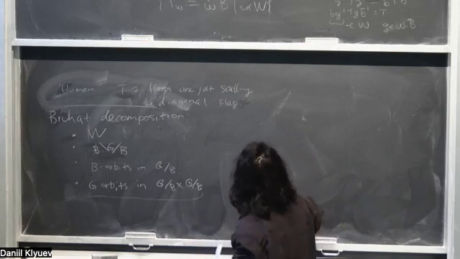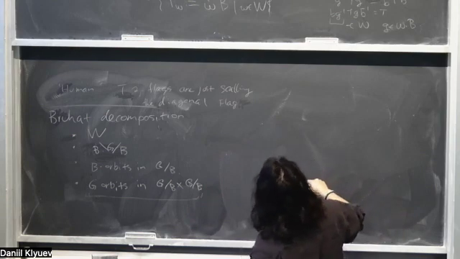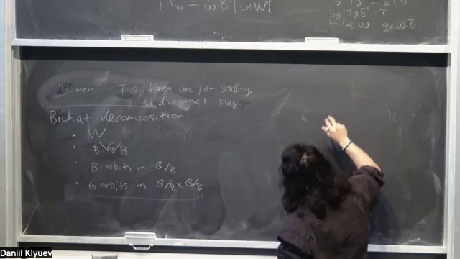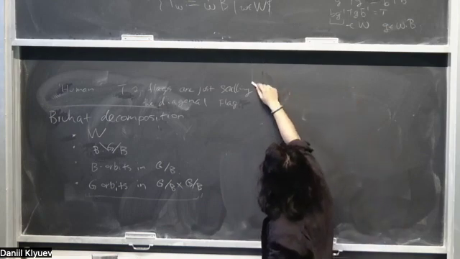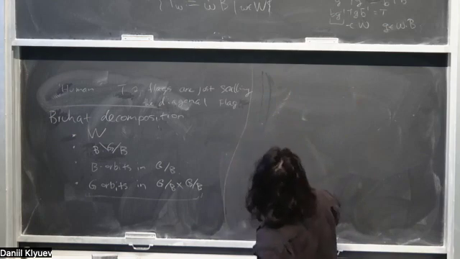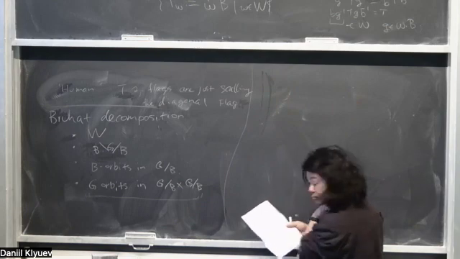Okay, so now I have another board. I think there is also a cheating proof where you use the T action.